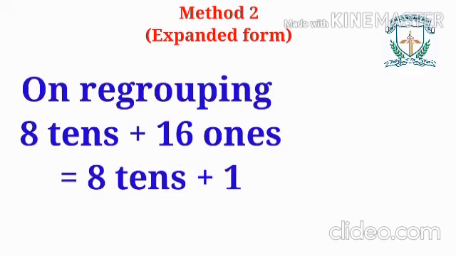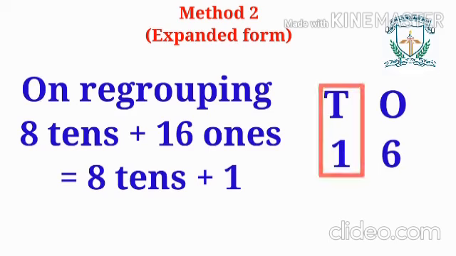Now, we have to regroup this answer, 8 tens plus 16 ones. Means, we have to add 8 tens and 1, because in 16, the digit 1 will be in tens place and 6 will be in ones place.